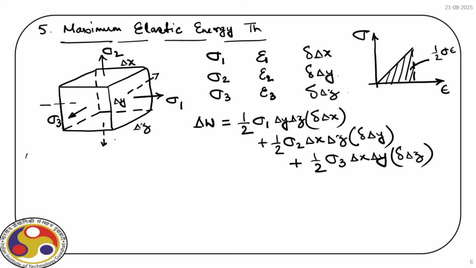Now, what is this change in length that we can easily quantify? It is epsilon 1 times delta x. So what we get here is 1 by E. Within bracket, we have sigma 1 minus nu times sigma 2 plus sigma 3 times delta x.